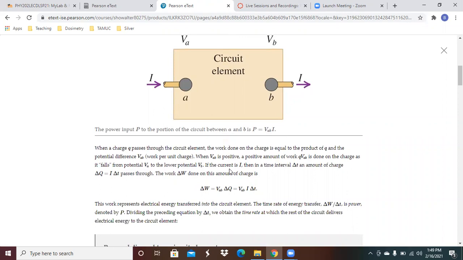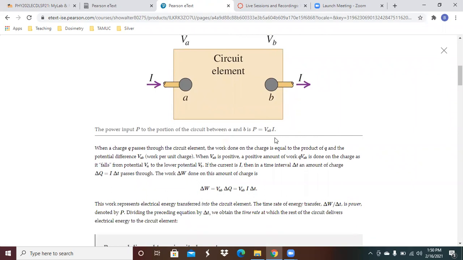When the charge Q passes through the circuit element, the work done on the charge is going to be equal to the product of Q and the potential difference. When that potential difference is positive, a positive amount of work, or Q times V, is done on the charge as it falls from potential VA to VB, from a higher potential to a lower potential.